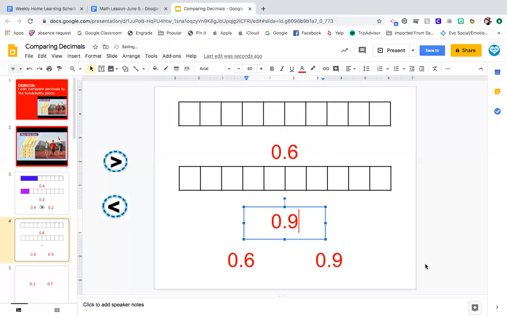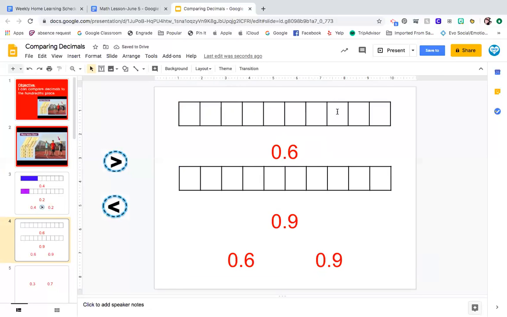Then go ahead and shade in your bar models to show each decimal number and decide, is 0 and 6 tenths greater than or less than 0 and 9 tenths? So go ahead and pause the video, and when you come back, we'll check it together.